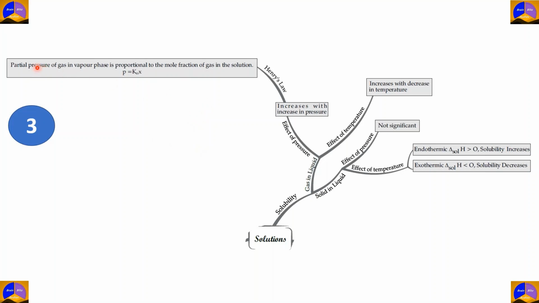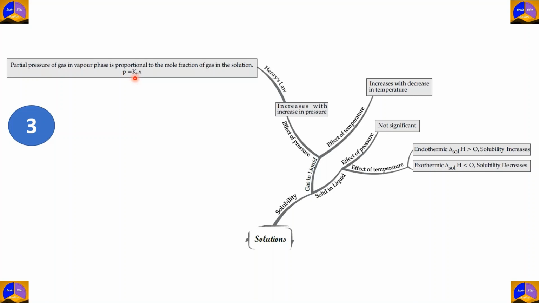Then the partial pressure of the gas in the gaseous state is directly proportional to the mole fraction of the gas in the liquid state or inside the solution. The formula here is P, standing for partial pressure, is equal to KH into X. X stands for mole fraction and KH is Henry's constant.